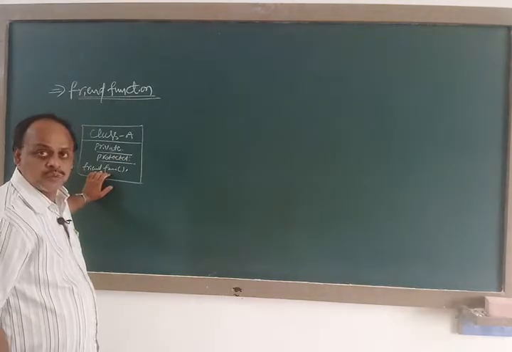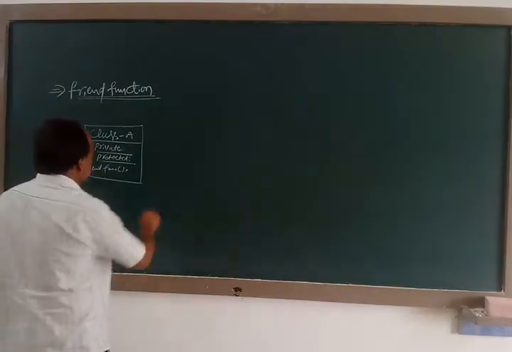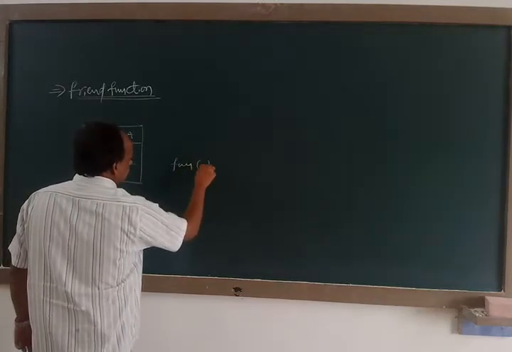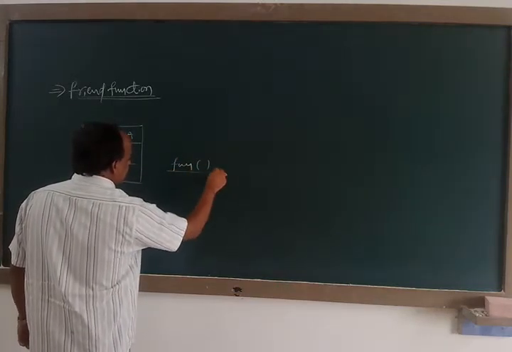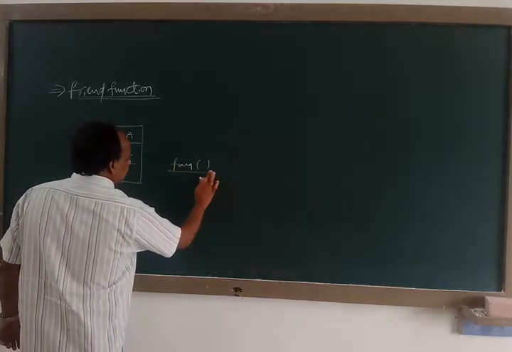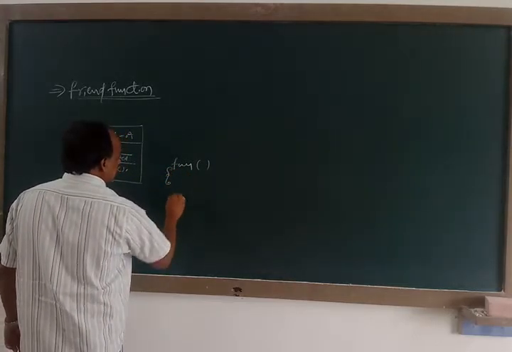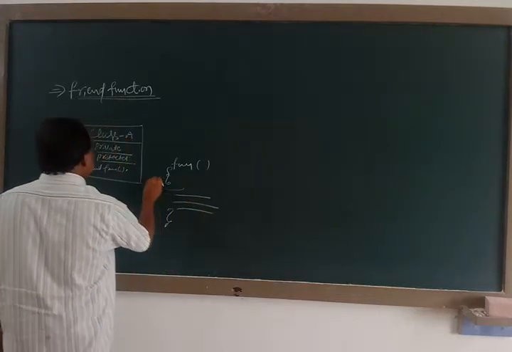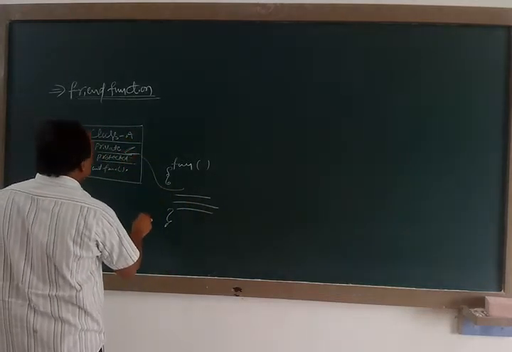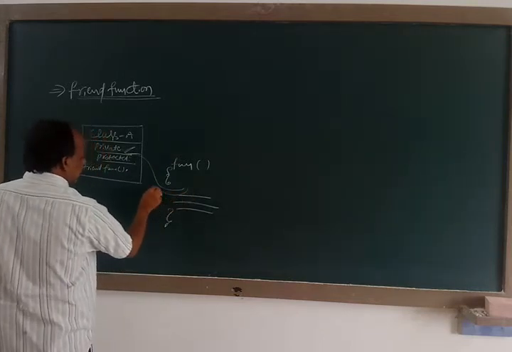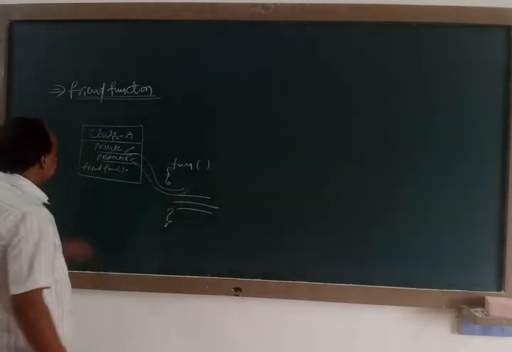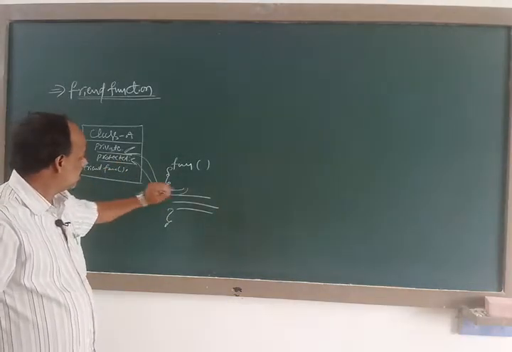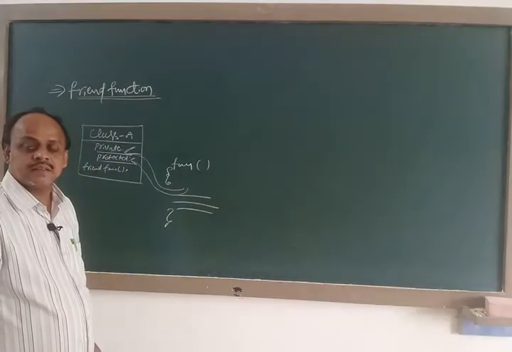Then also this friend function, suppose outside the class the same friend function is there, this friend function is going to access this private data member. This friend function is going to access this protected data member outside the class.